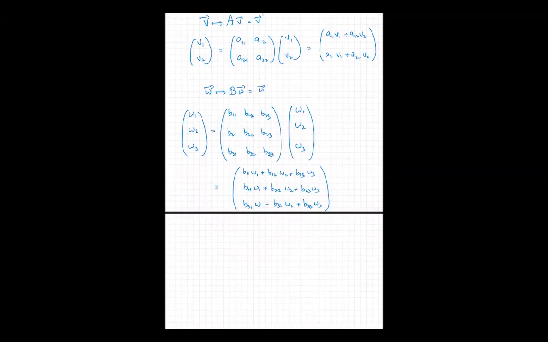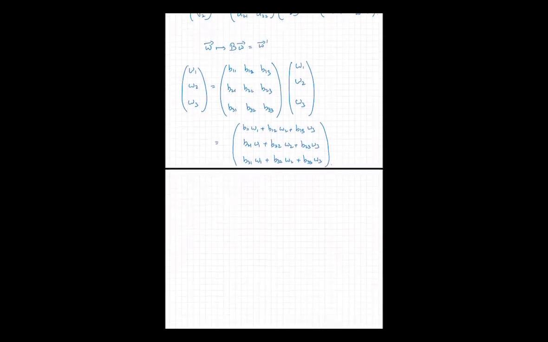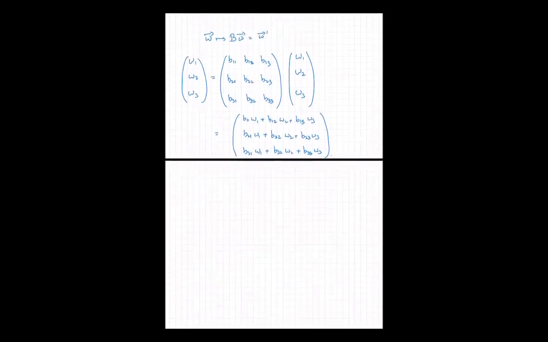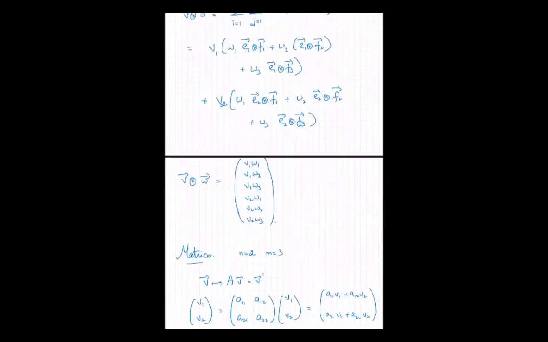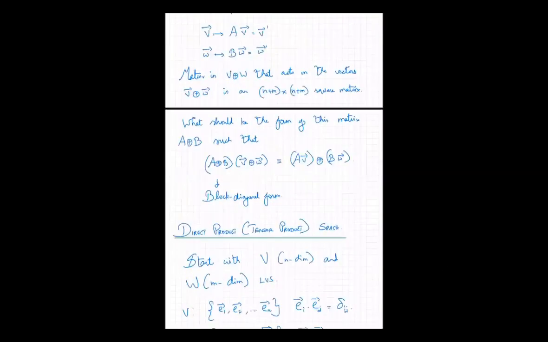Okay. So this much is very straightforward, but what I want to do now is define a matrix in the product space, a new matrix such that A times B. So just like I asked the question in the direct sum, what did I ask there?